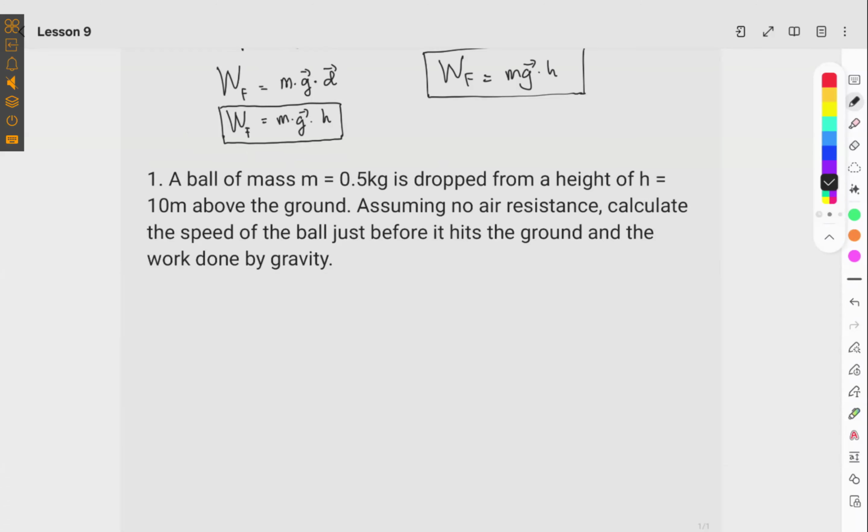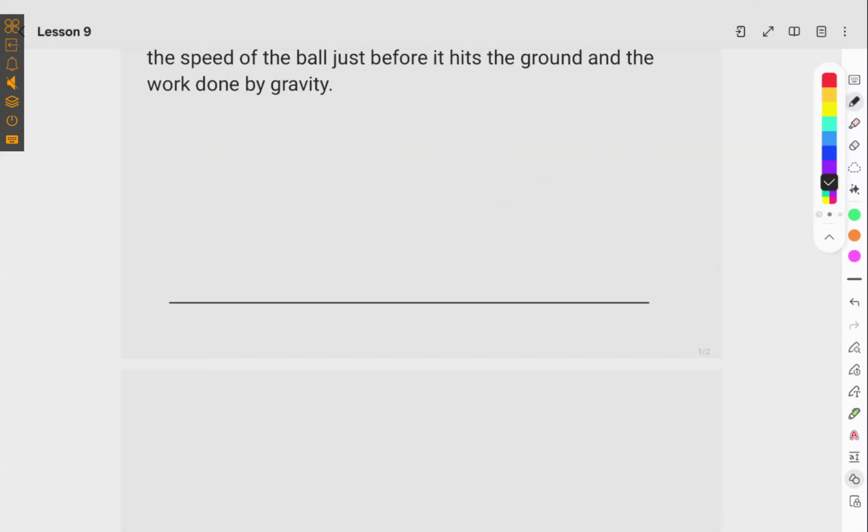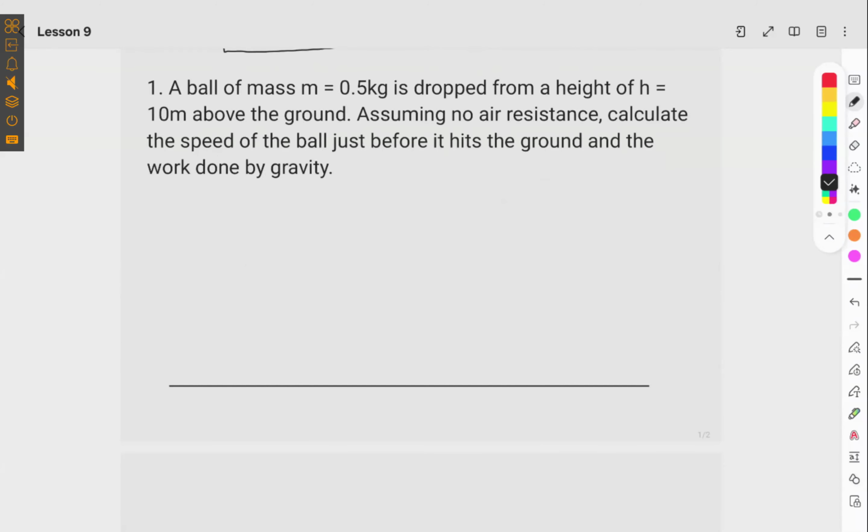Assuming no air resistance, okay? Let's suppose this is your ball. This is your ground.